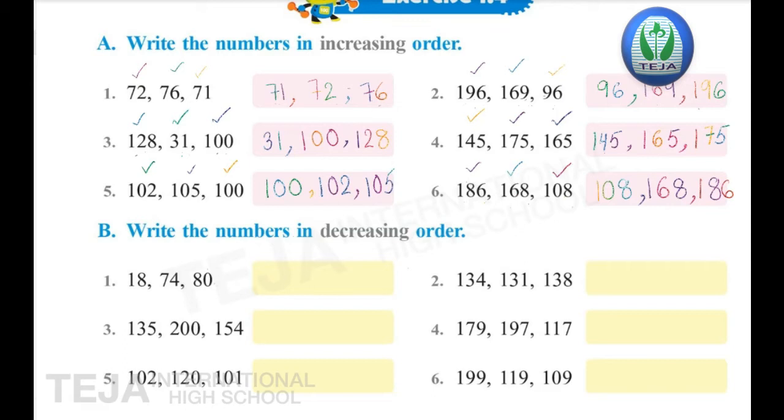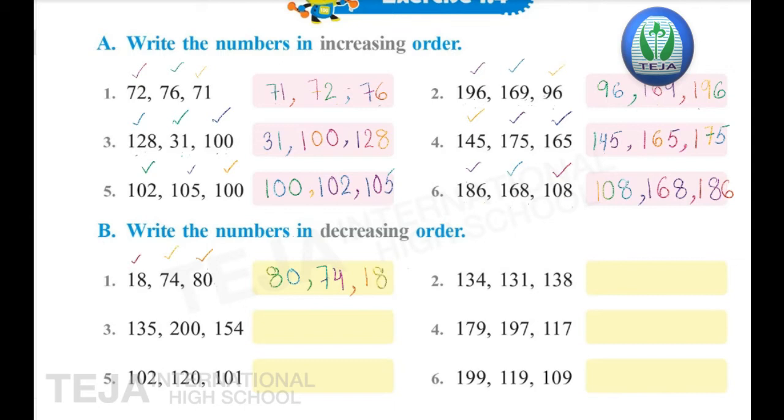The greatest number among these three is 80. So write 80 in the box. Next number is 74. So write 74, and the last smallest number among these three numbers is 18. So write 18 in the box.